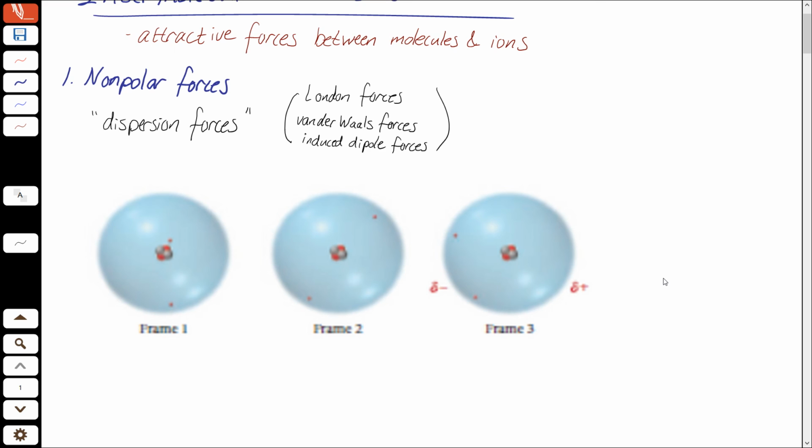But in the third frame, just randomly, because electrons move randomly, those electrons happen to be kind of over on the left side of the atom. Because that would happen, right? Things are moving randomly, occasionally they're going to be on one side. So at the instant that they're on that side, there is a slight dipole in that atom, because electrons are negative. So at that particular instance, there's a little bit of negative on the left and a little bit of positive on the right.